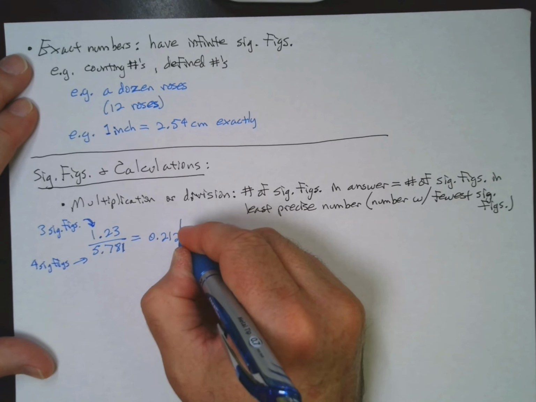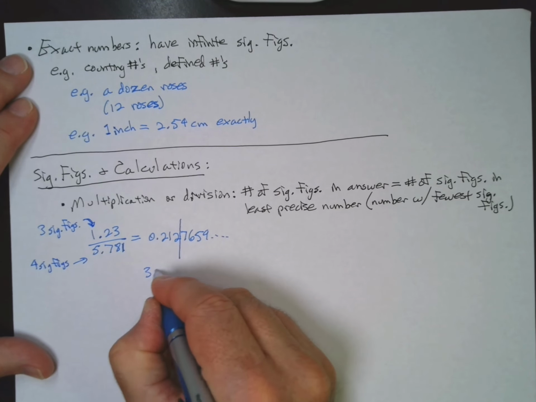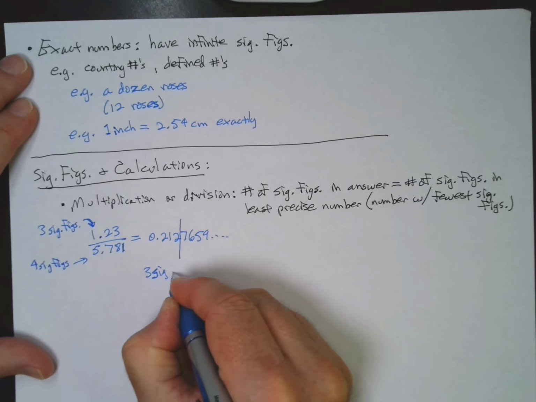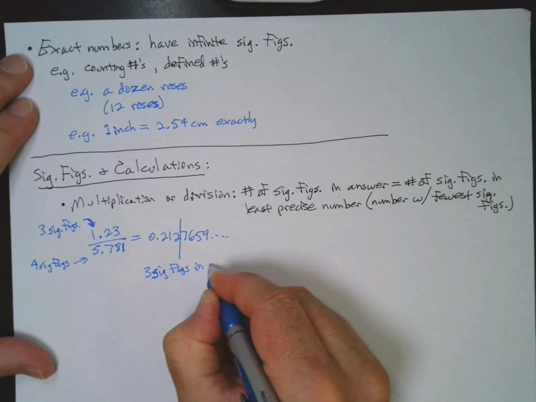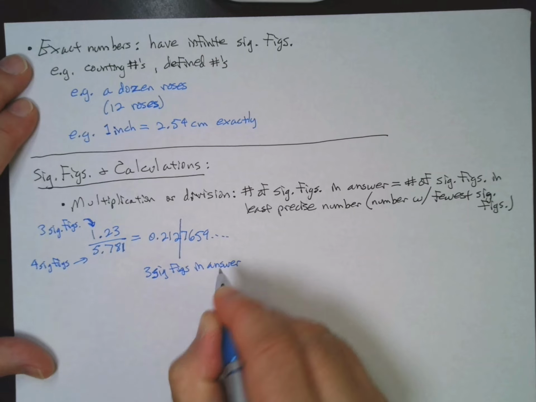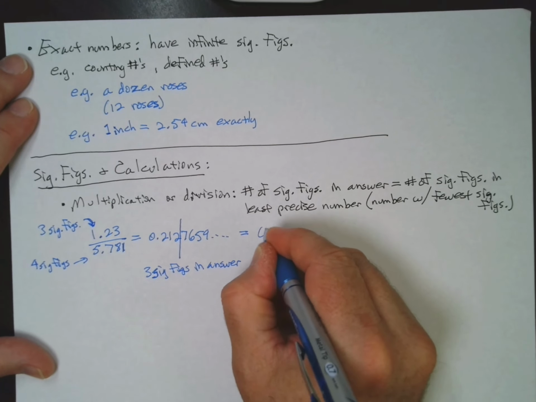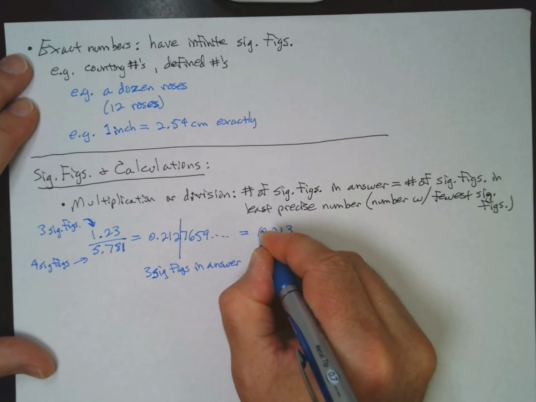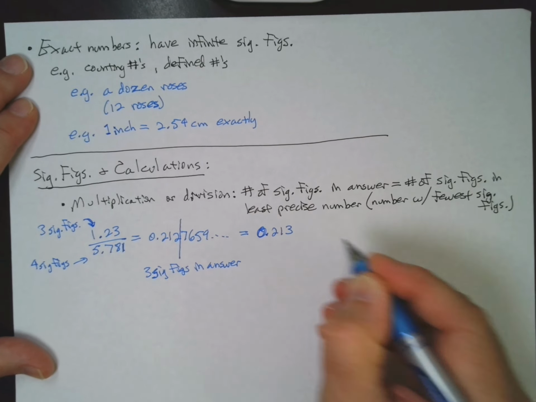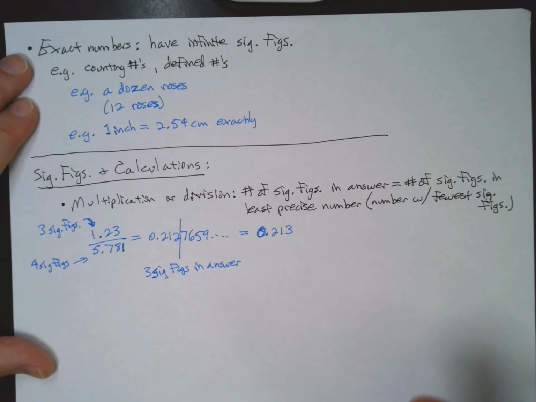So my answer should have 3 sig figs. So this would equal 0.213. Why 3? Well, I'm rounding here.